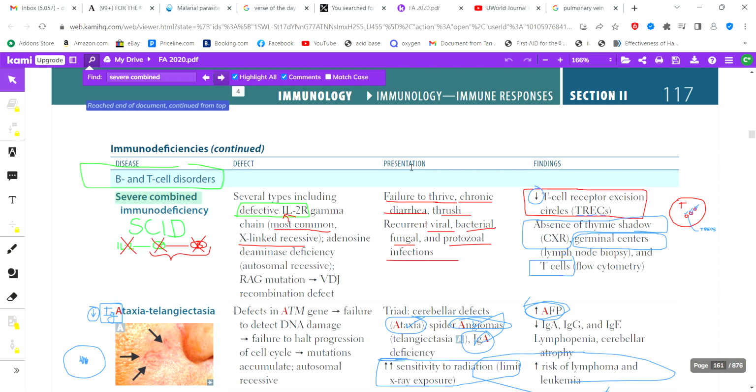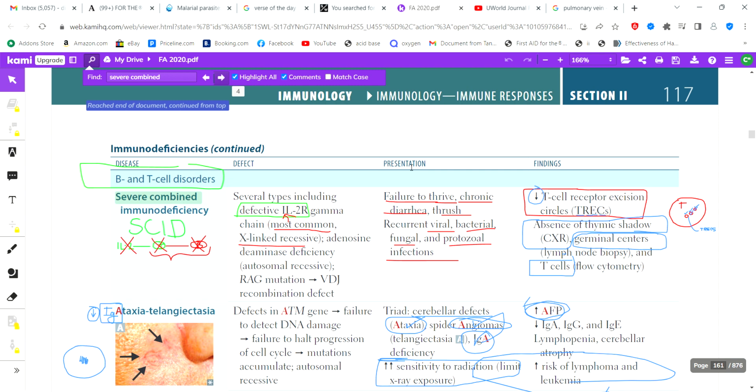Flow cytometry is when the WBCs, which are B cells, macrophages, are passed through a tube and laser to count how many CD4 plus and CD8 plus T cells are there.